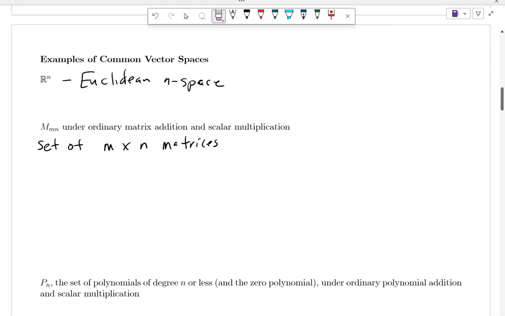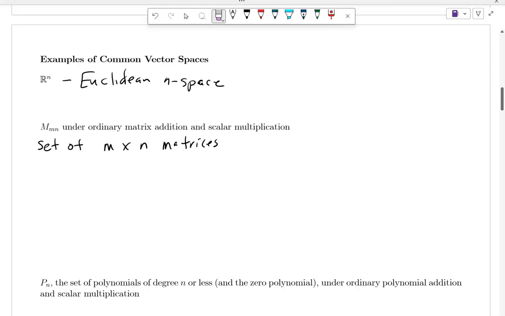Just add the entries together, right? Does that change the size of the matrix at all? No. So you add two matrices together, you get another matrix of the same size, it lands back in that space again. Okay? What do you do when you do scalar multiplication for matrices? You multiply every single entry by that scalar, right? Same thing, lands back in there, right?